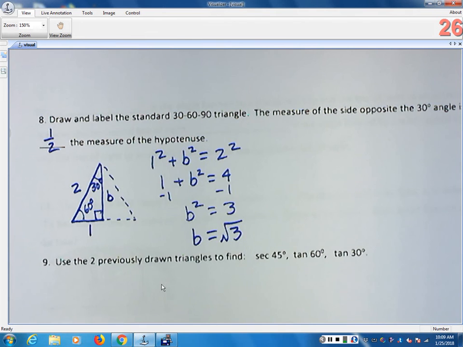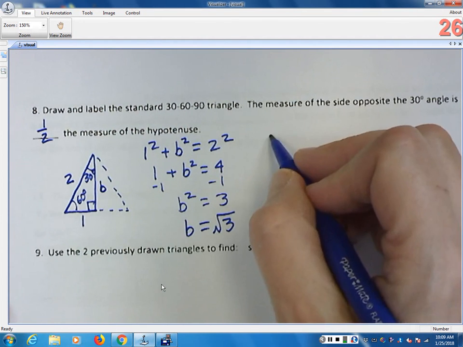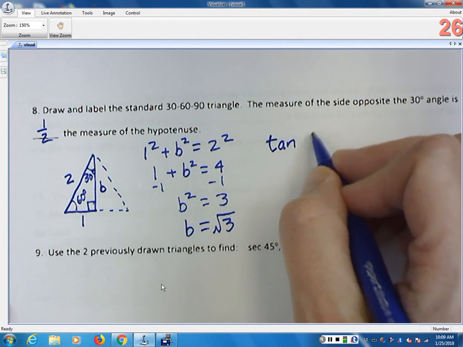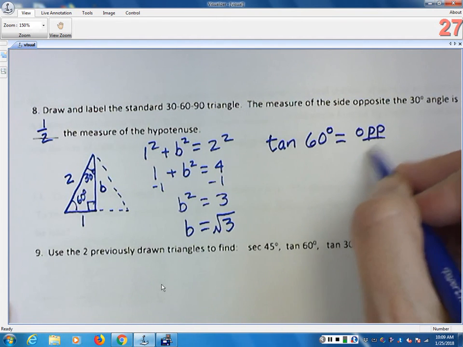This is the standard 30, 60, 90 triangle. So if we want to find tangent of 60 degrees, that's opposite over adjacent.